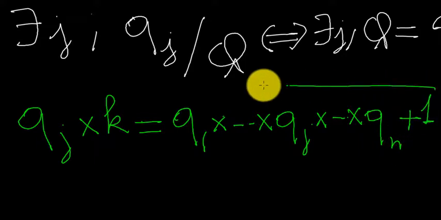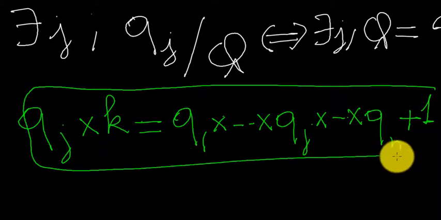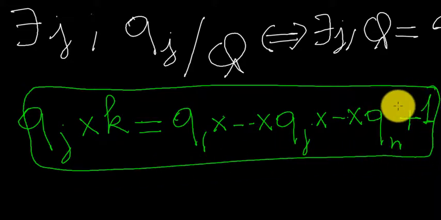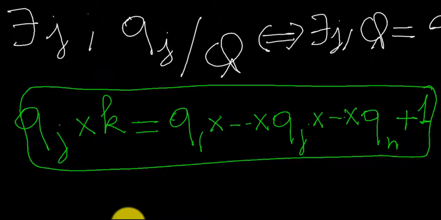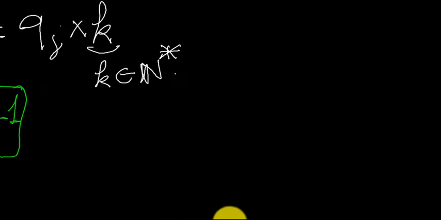So this is the equality which we have now, assuming that Q is not a prime number, and assuming that Q is equal to the product of Q's plus 1. Let me just get here to this page. So now we have the equality, and let's now continue our calculations.